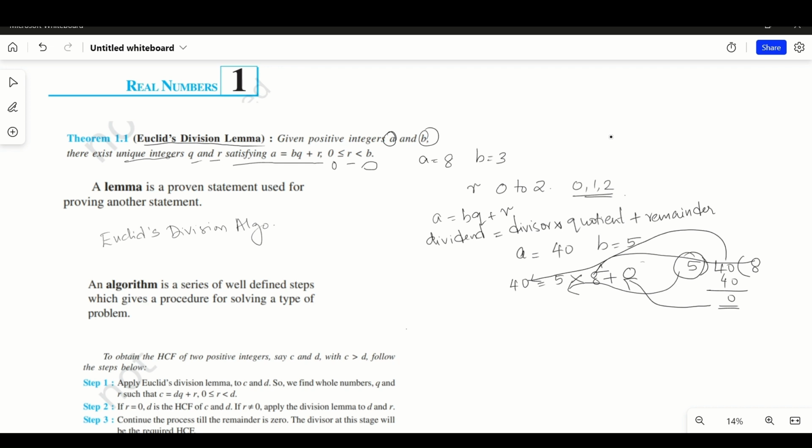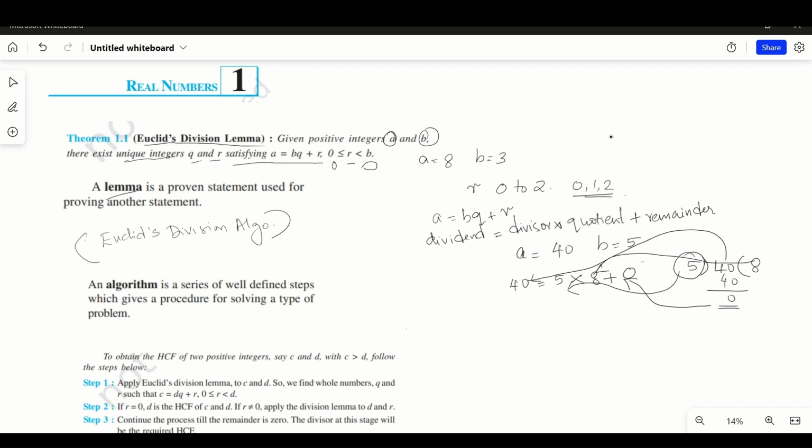A lemma means a proven statement that is used for proving another statement. That is what is known as a lemma. Now, what is an algorithm? Next we'll be learning about Euclid's division algorithm.